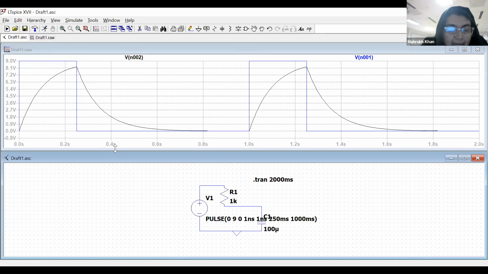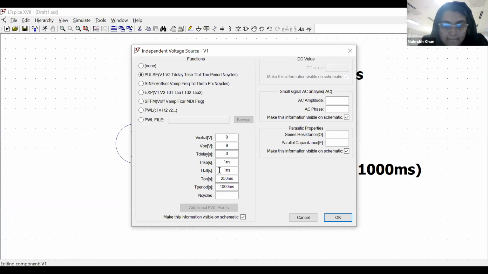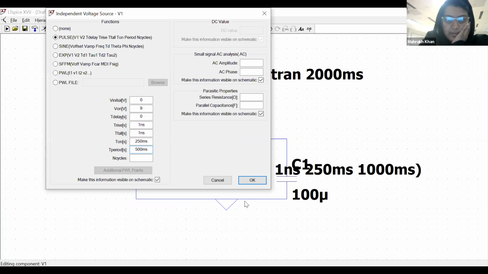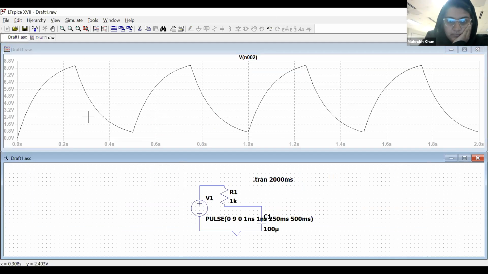Okay, so let me try another thing. My cycle is now 500 milliseconds. What do you think is happening here?